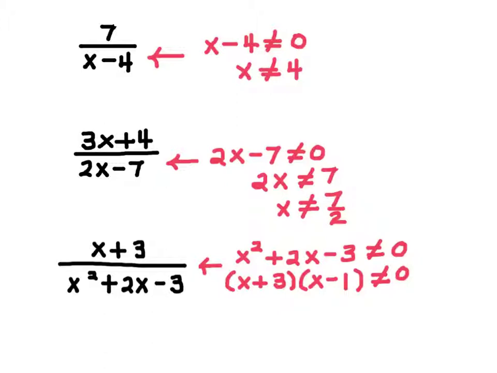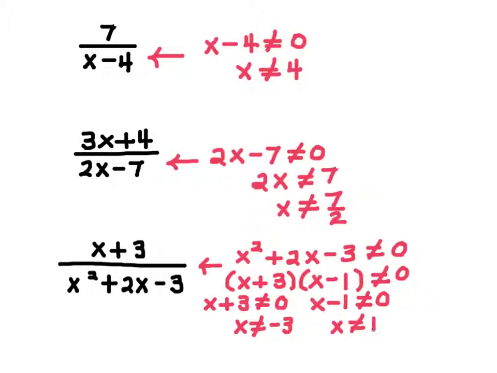And the zero product property tells us that x plus 3 cannot equal 0, and x minus 1 cannot equal 0, otherwise their product is 0. And on my left-hand side, if I add a negative 3 to both sides, I have x is not equal to negative 3, and on my next expression, if I add 1 to both sides, I have x is not equal to 1.